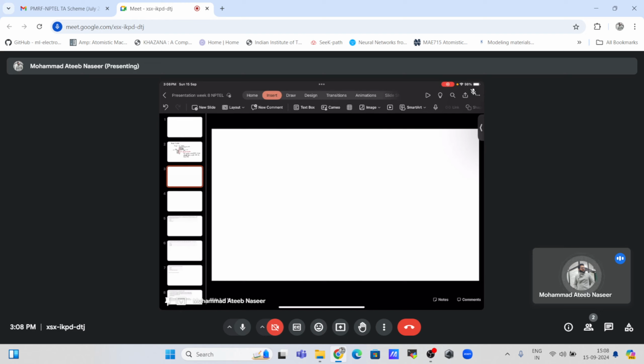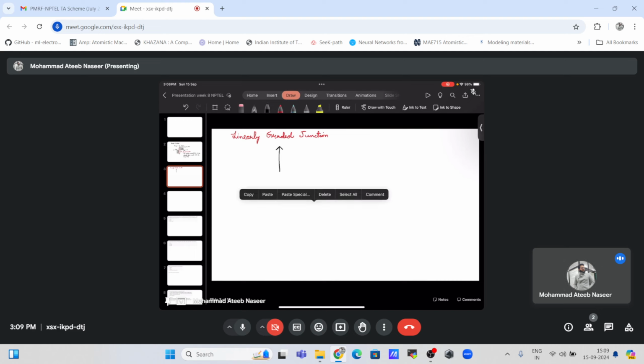Let me say it is a linearly graded junction, and the profile will look like, if I draw this to be the depletion charge, that is Nd minus Na.